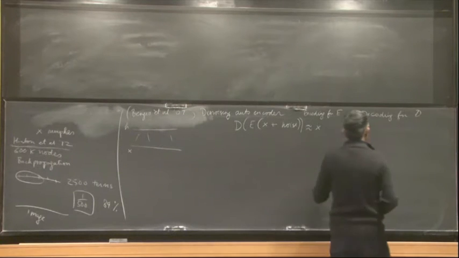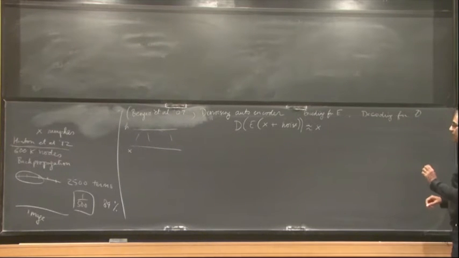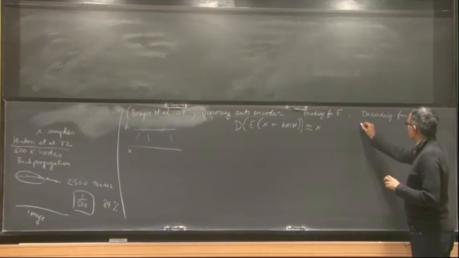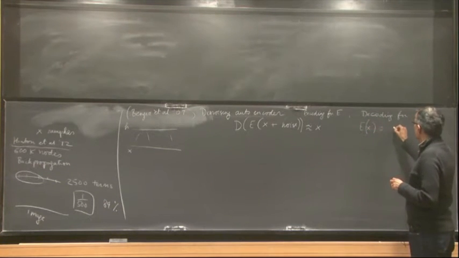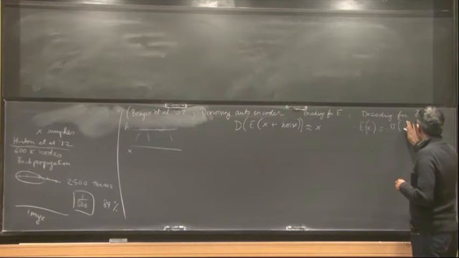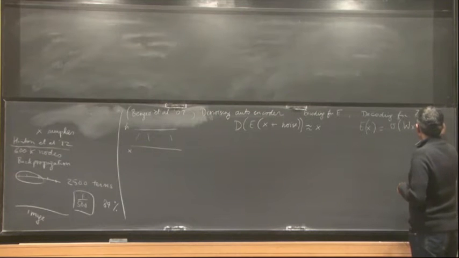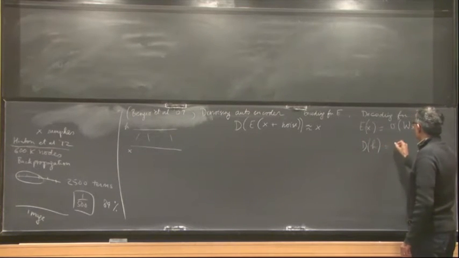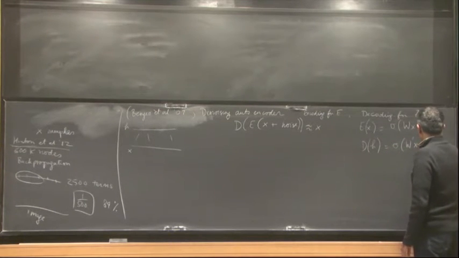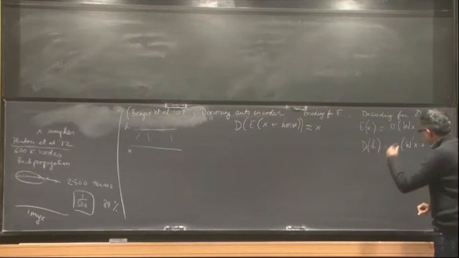In fact, the definition specifies a form of the encoding and decoding function. The encoding function of x is sigma applied to Wx plus b, and the decoding function applied to h is sigma of W'h plus b'.